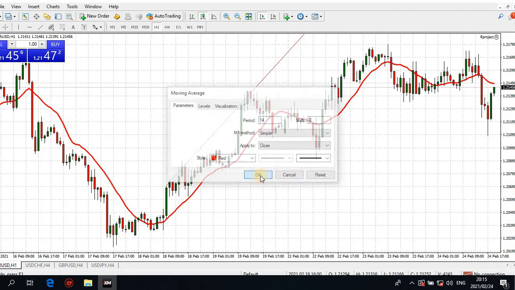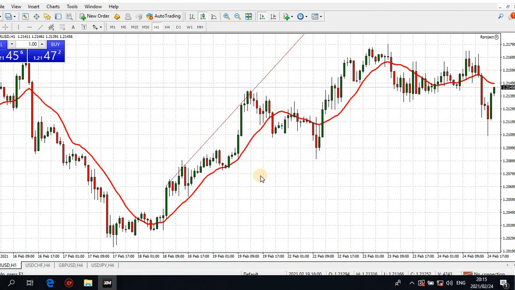This indicator already recorded the information. Whatever these indicators do, they derive the information from these candlesticks. So these things become so smart if you know how to use them and understand how they work.